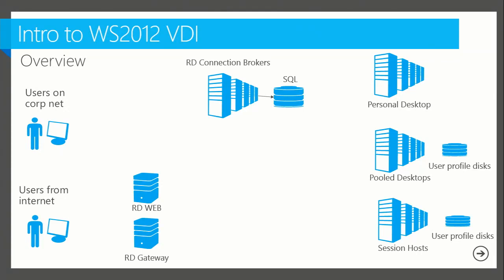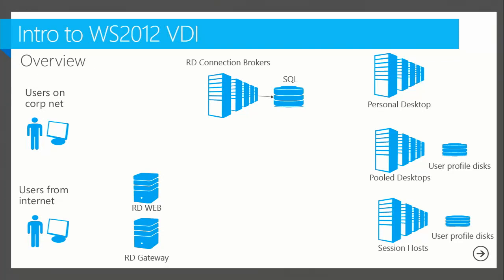And the RD Connection Broker is really the nervous system of our solution, where it has the whole topology of the deployment, configuration, and all the access control and user permissions and so forth. So it's responsible for identifying the user when the user connects and figuring out the best place for this user to go to.